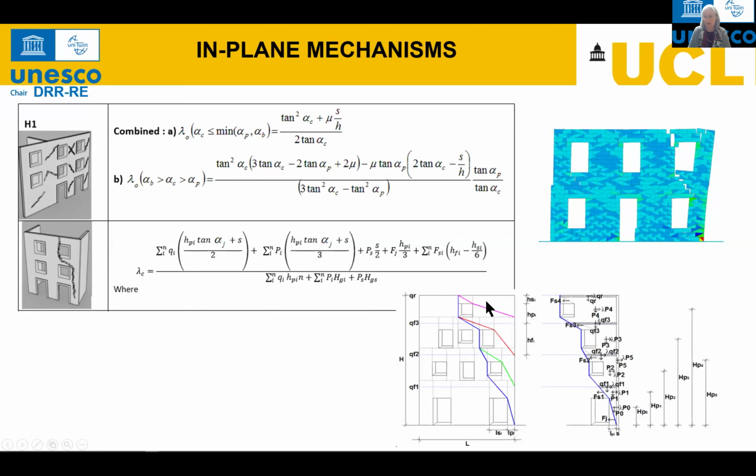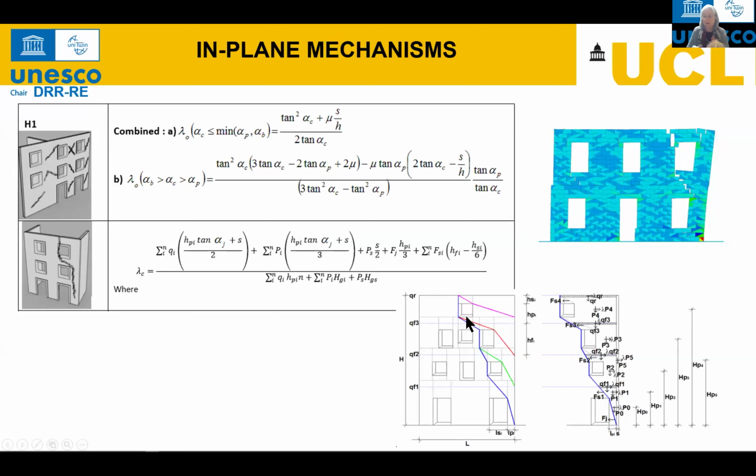And again, we consider that the crack might occur only at the top floor, or might occur over 2 floors, or over 3 or 4 or the whole 5 floors, if the facade has 5 floors. And as you can see here, it can take different paths depending on the alignment of the windows and whether the spandrels will be stronger than the piers given their geometric ratios and so on and so forth.